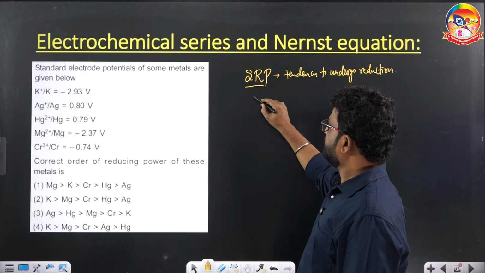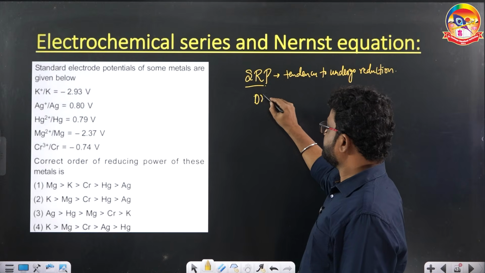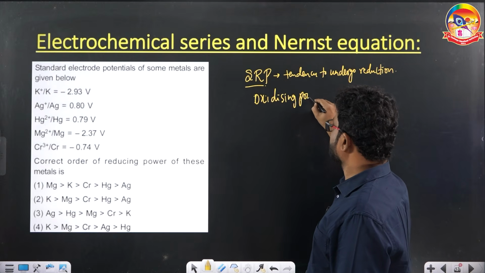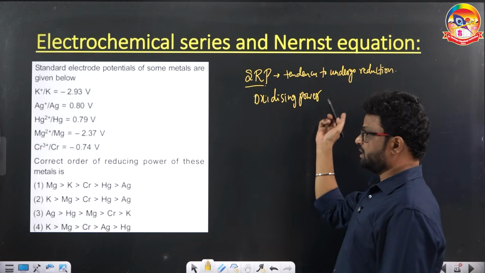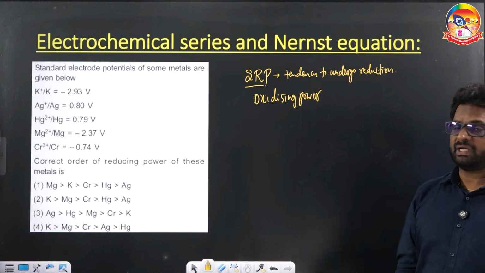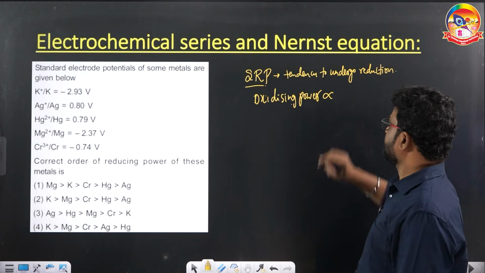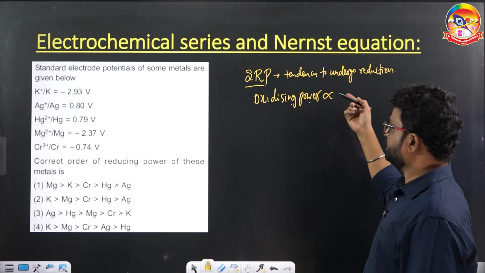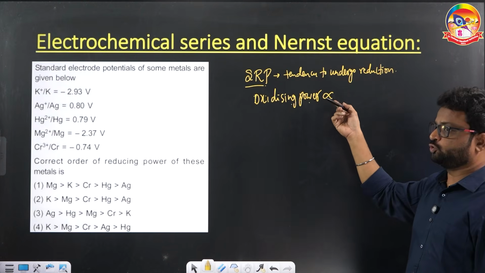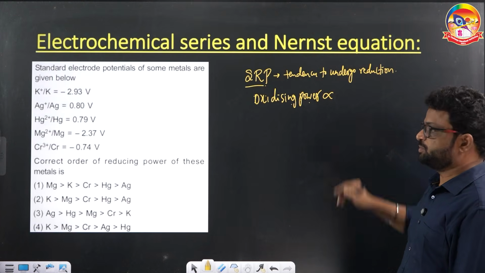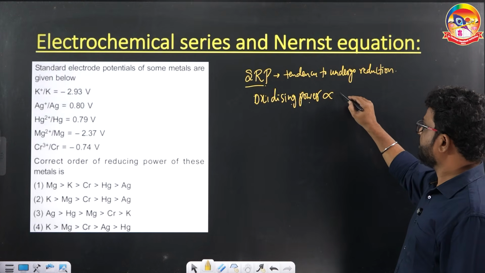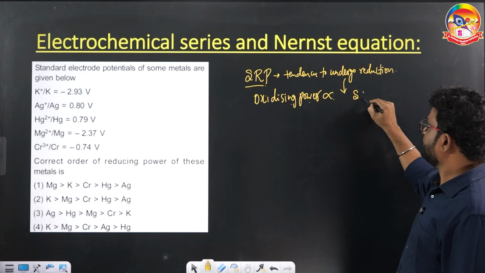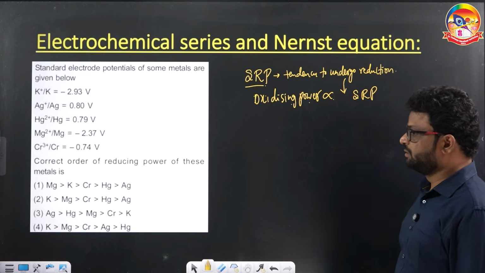Oxidizing power of a particle is the tendency to oxidize the other, that means the tendency to undergo reduction by the same species. This oxidizing power is directly proportional to this tendency, that means it is directly proportional to SRP.